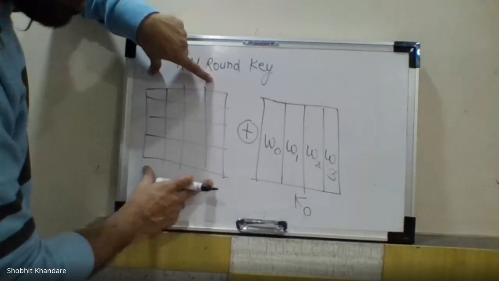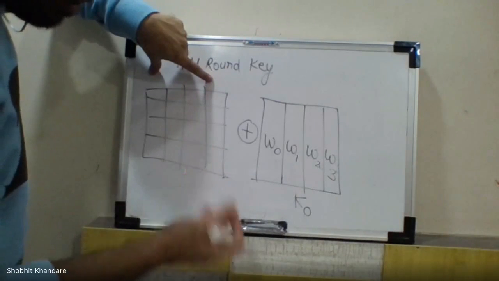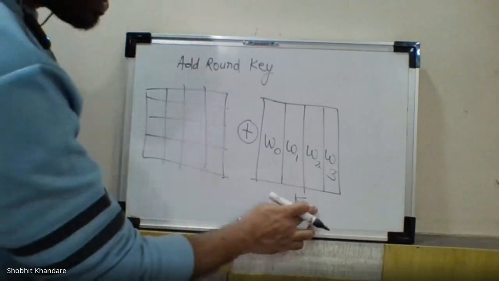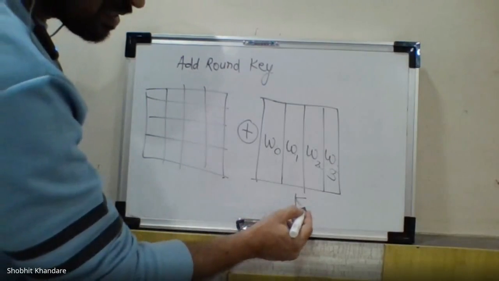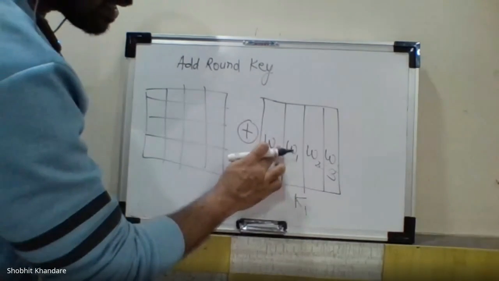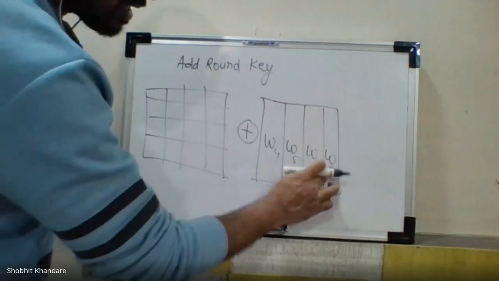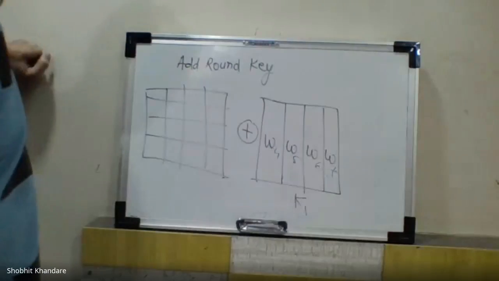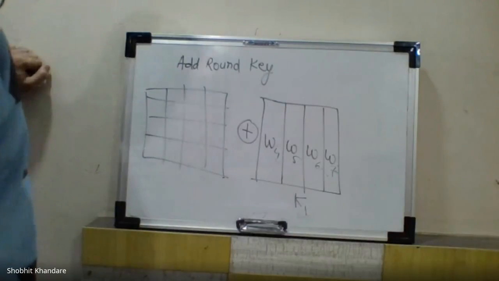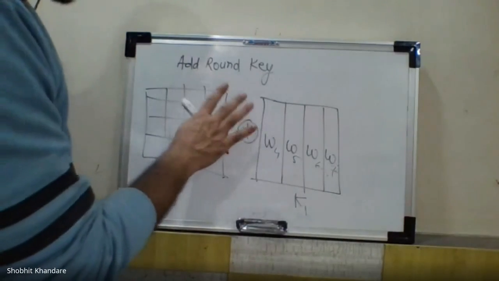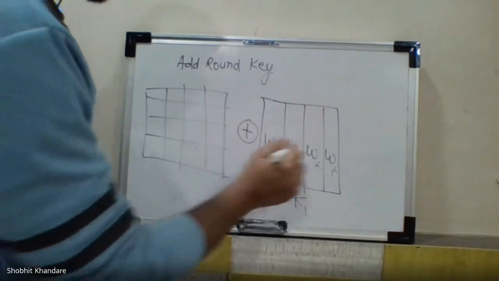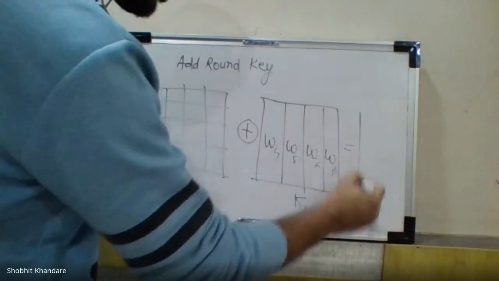As I'm talking about round 1, round 2 and round 3, I will consider this as round 1. In that case I will consider this as key K1, made up of W4, W5, W6 and W7. When you do the XOR operation, not multiplication, XOR operation, here you will get the final output.